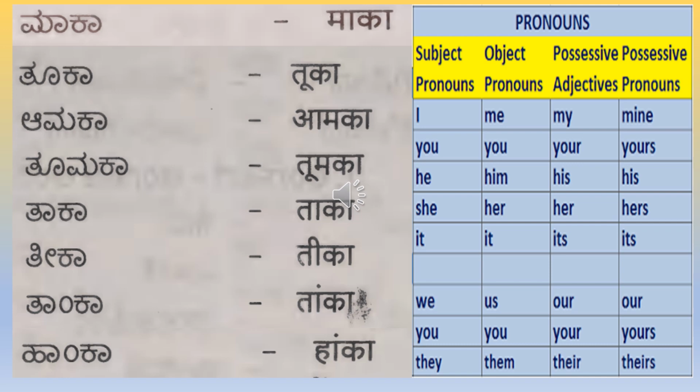Ho ambo, takka, this mango is for him. He chhatri, tikka, this umbrella is for her. Or ho ambo, tikka, this mango is for her. He ambe, tanka, these mangoes are for them. He ambe, hanka, as in closer proximity for these. So makka, tukka, amka, tumka, takka, tikka, tanka, hanka.